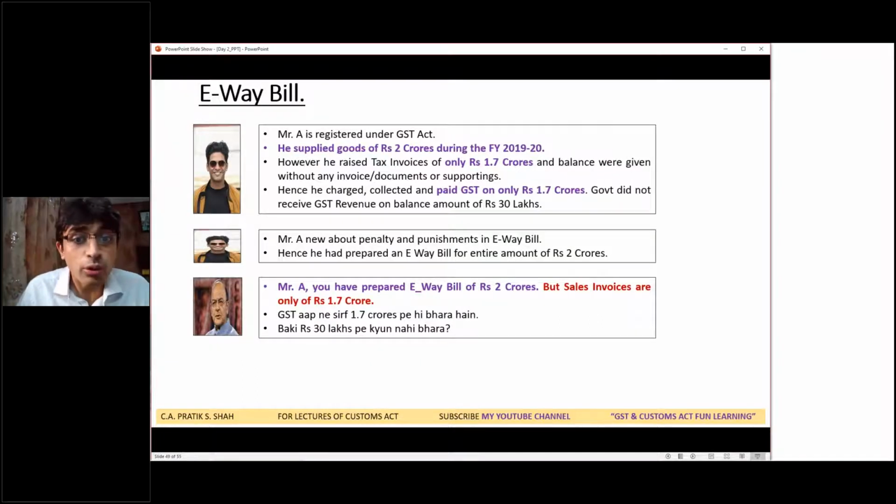So now through e-way bill, this Mr. A got caught. He shall be required to pay GST on this 30 lakh rupees. Clear? So this e-way bill is a Bible, a Gita for all of them. It is a blessing for them, now they can catch everyone.